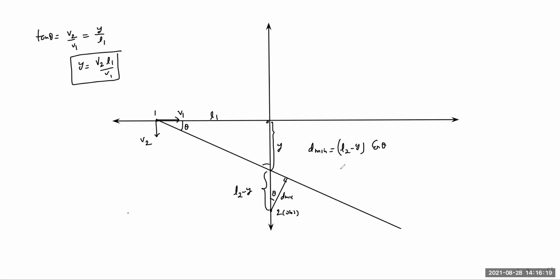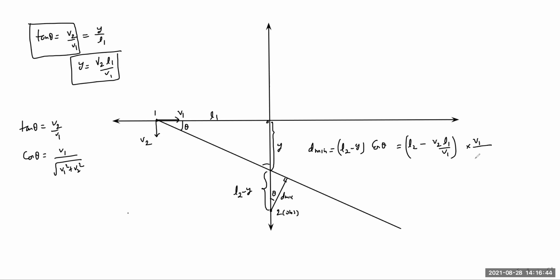And the first term will give me cos theta also, because tan theta is v2 by v1, so cos theta is v1 by under root of v1 squared plus v2 squared. So D minimum is L2 minus y, which is v2 L1 by v1, in brackets, into v1 upon under root of v1 squared plus v2 squared, and I'm done.